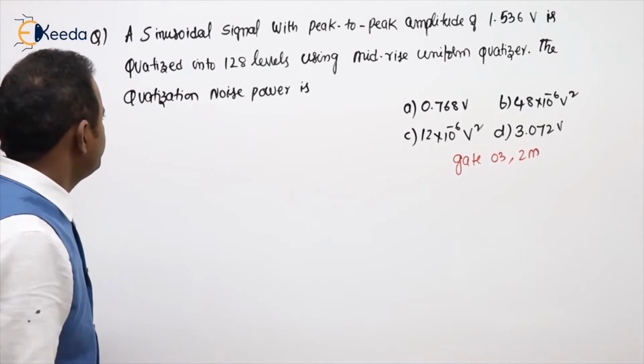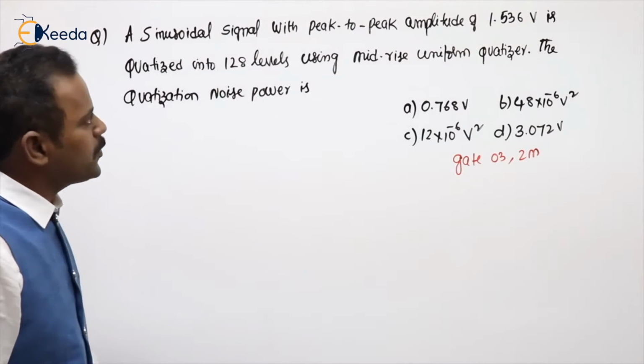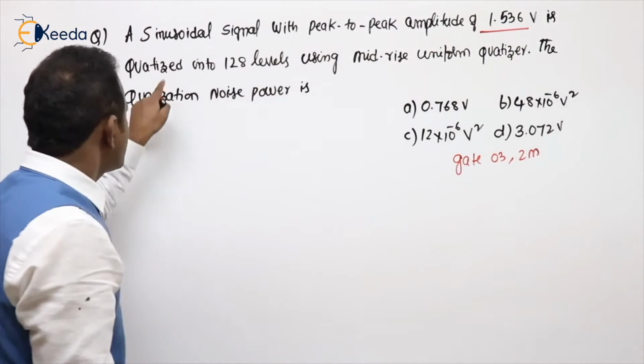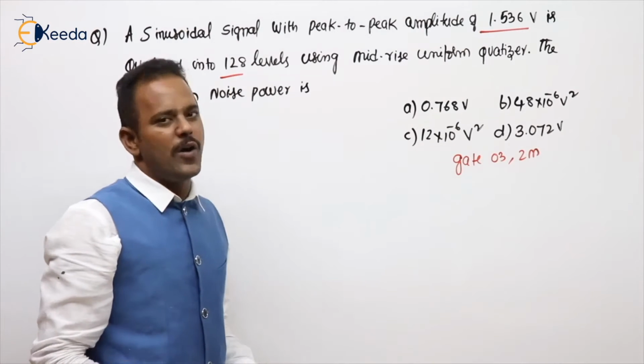See the next problem, an interesting one. A sinusoidal signal with a peak-to-peak amplitude of 1.536 V is quantized into 128 levels using a mid-rise uniform quantizer.